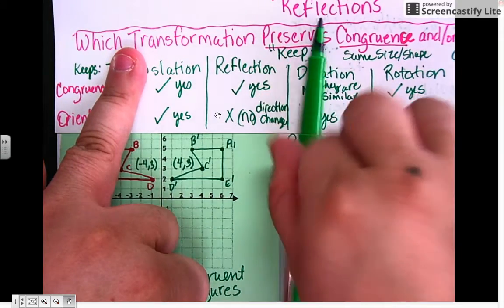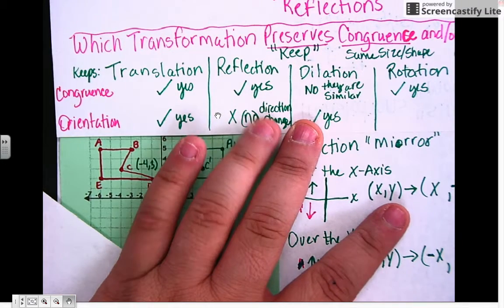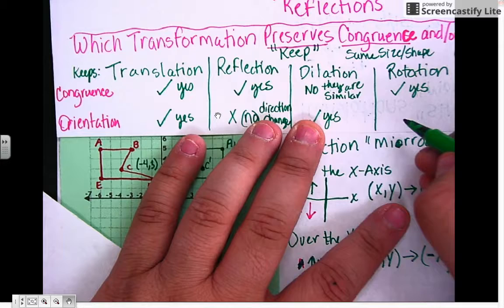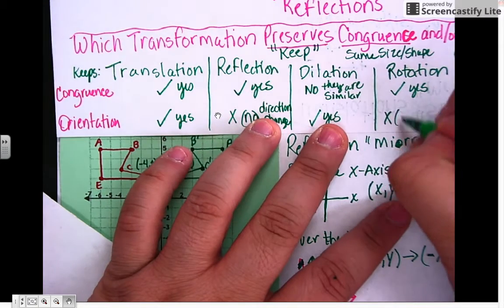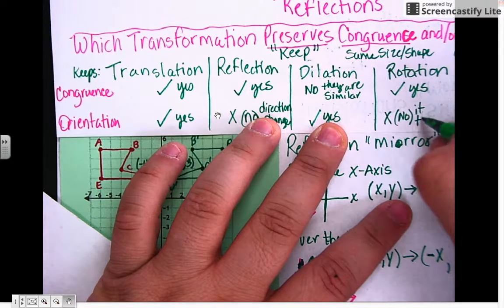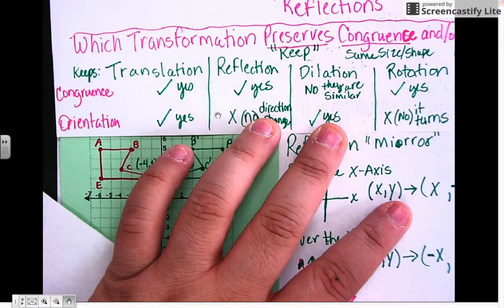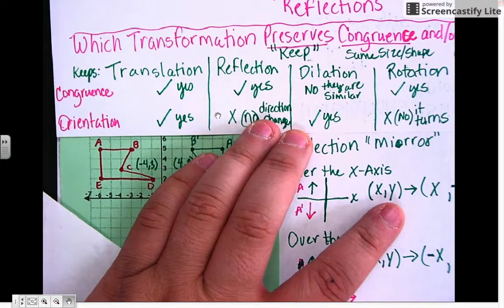The size does not change. It's still congruent. But does it maintain its orientation, the direction? That one's a no, because you're turning it. When you're turning something, of course, the direction's not going to be the same. That one's going to change.